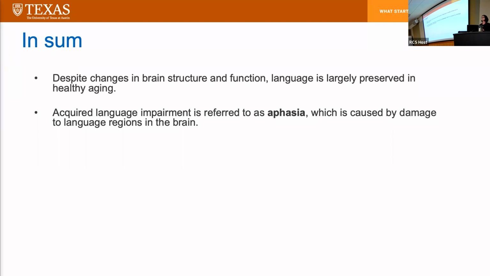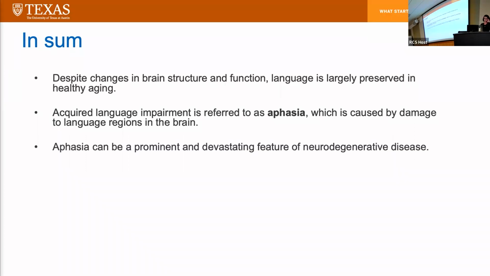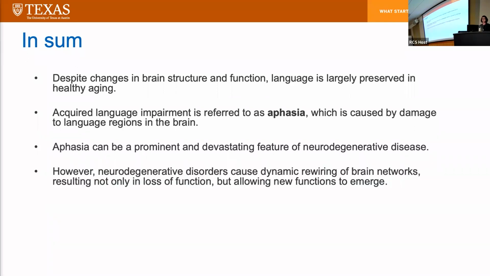In some instances, though, we see an acquired language impairment that's a manifestation of brain pathology, and we refer to this as aphasia. Aphasia can be caused by stroke, but can also be a prominent feature of neurodegenerative disease. And this is an incredibly debilitating disorder.